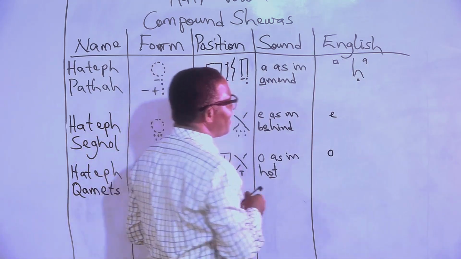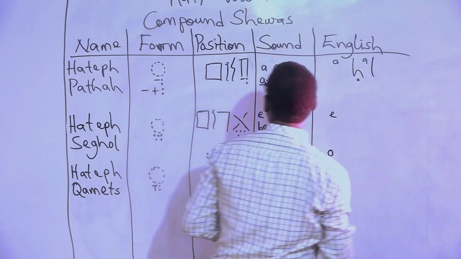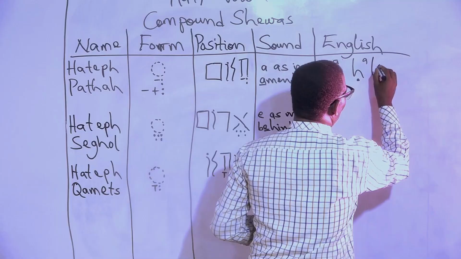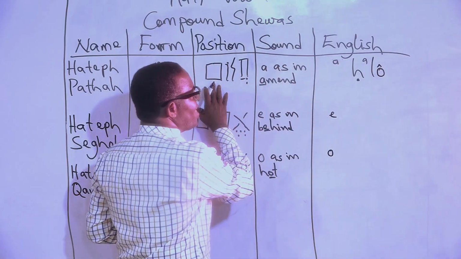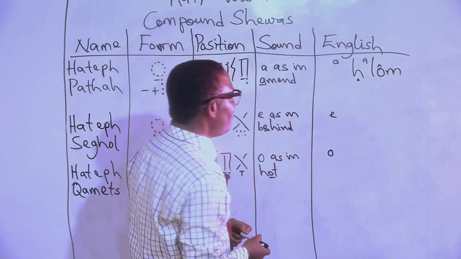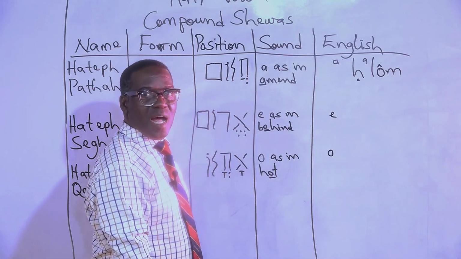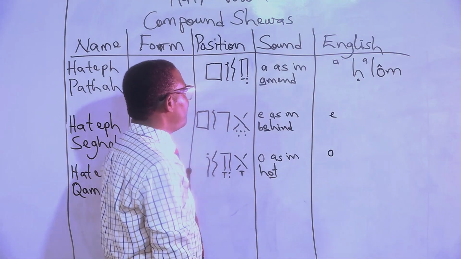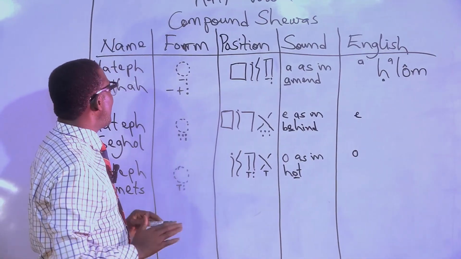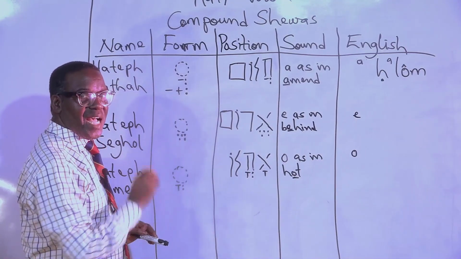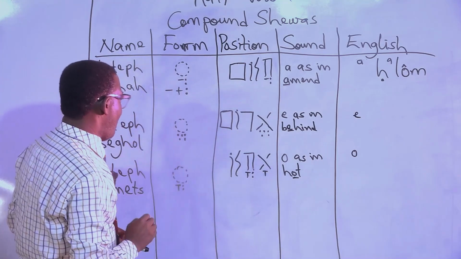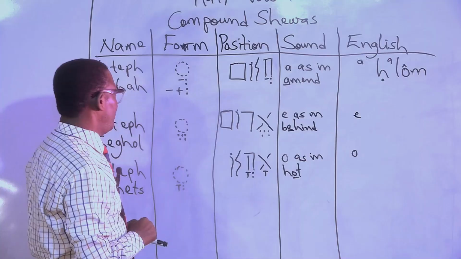Then we have lamed, which is written as L. Then we have full holem, which is written as long O with this sign. Then we have mem, which is written as English M. So we have alum. Take note of that. This is how to pronounce Hateph Patah as a brief a.